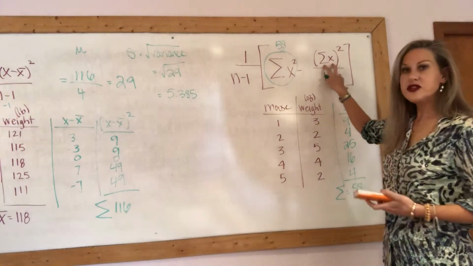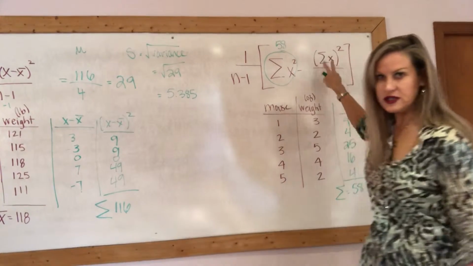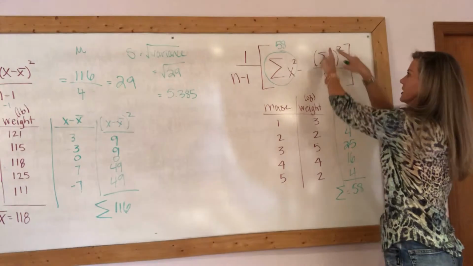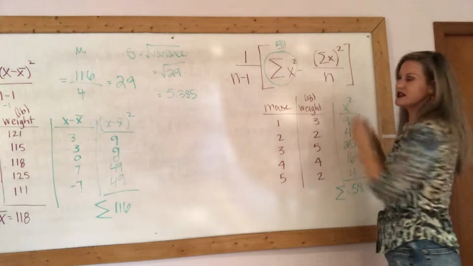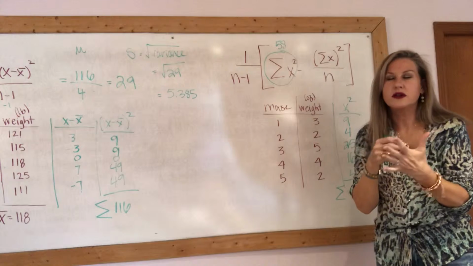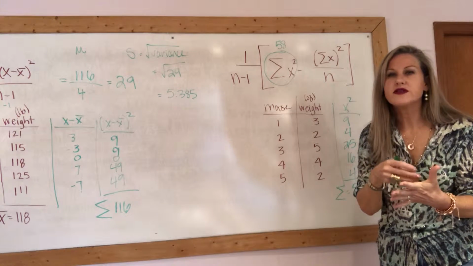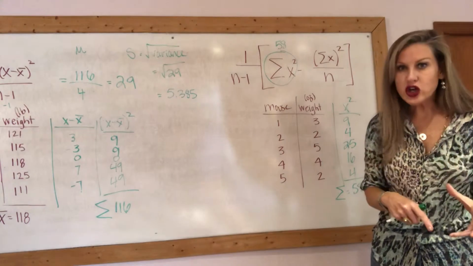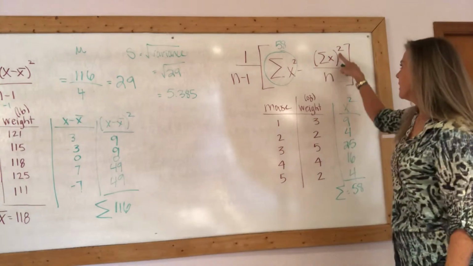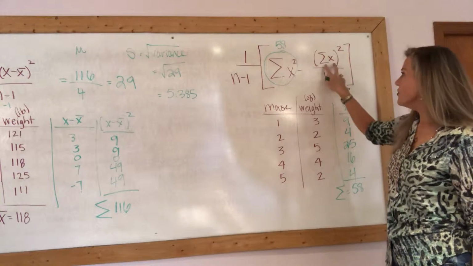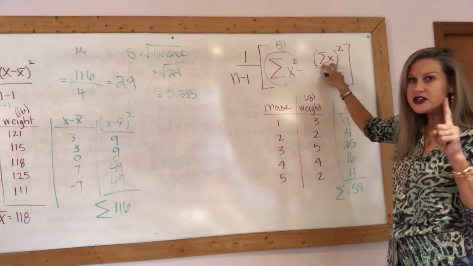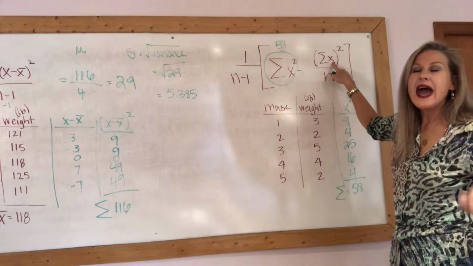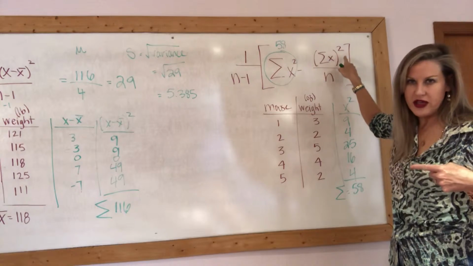Okay, now I have to do this set of operations, and notice how now the sigma symbol is in the parentheses. PEMDAS, you still have to do parentheses first. So I have to follow the rules of the sigma instructions first, and then I do the exponents. So this notation says first add up all of the mouse weights, and after you've done that, then square that number.